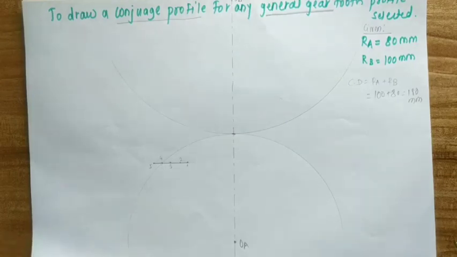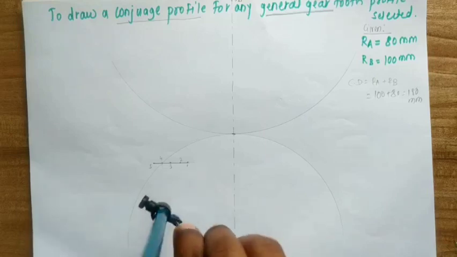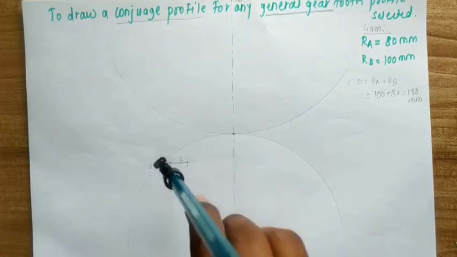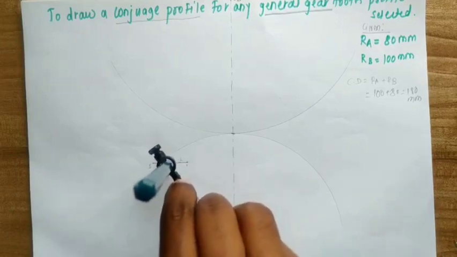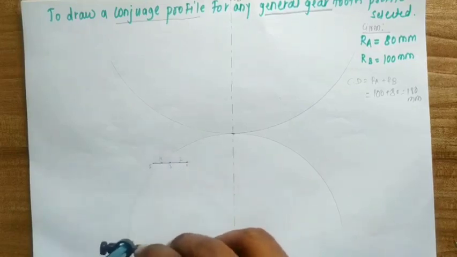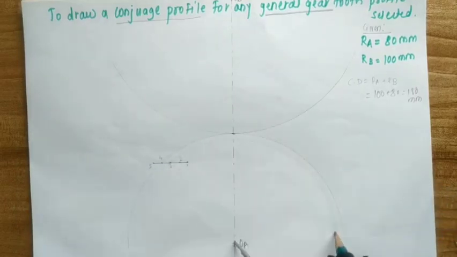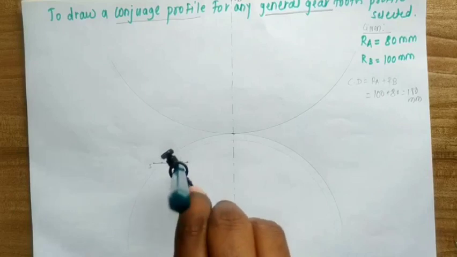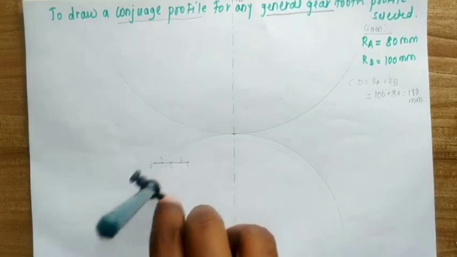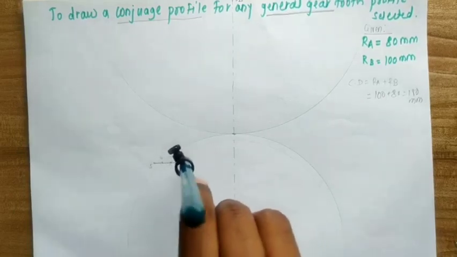Now next step, so I drew the pitch circle and selected a random profile. Now my next step is to draw concentric circles with center A, concentric with the pitch circle. So I will draw circles which are concentric with the pitch circle of gear A. I am drawing 1, 2, 3, 4.